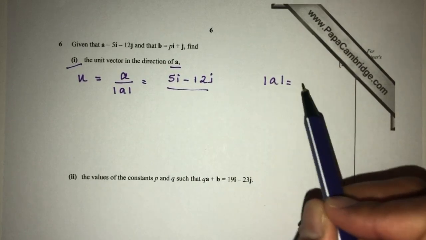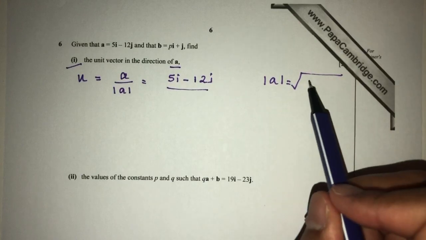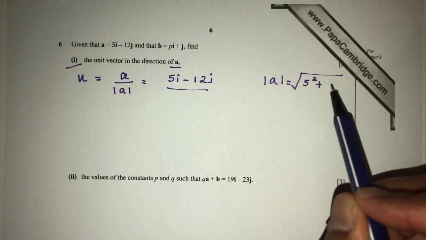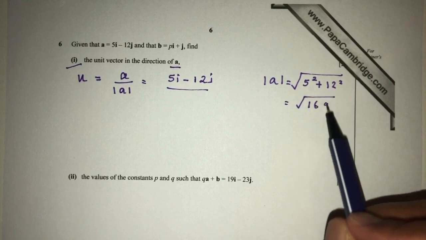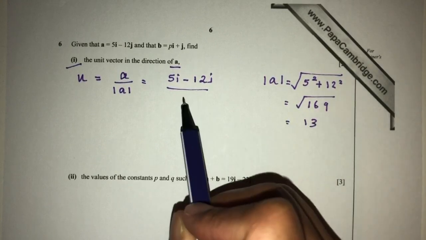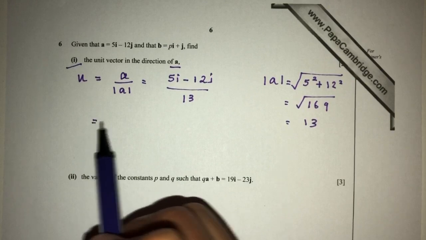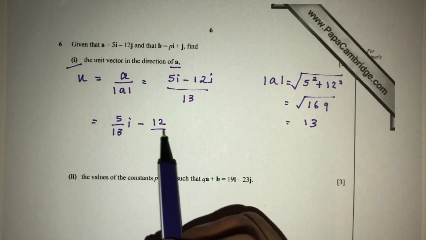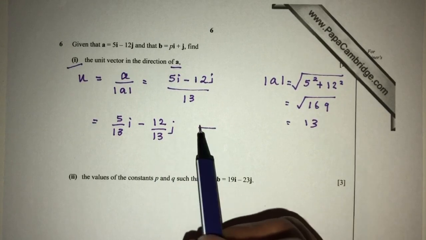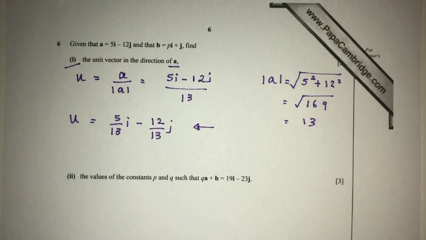That is found by taking 5 squared plus 12 squared. That will be 169, and that will be 13. So 13 will be the base. So that will be 5 over 13 i minus 12 over 13 j. This will be the unit vector in this direction.